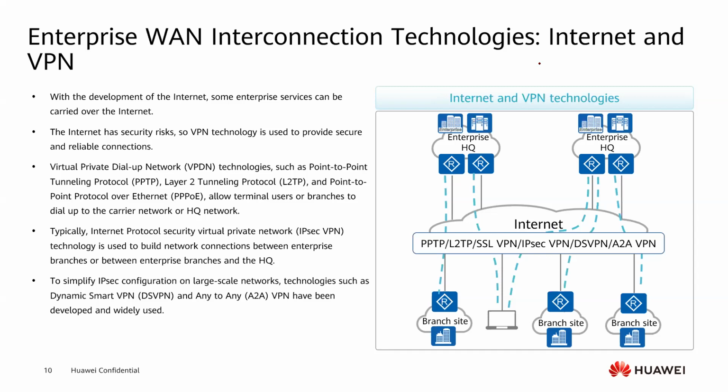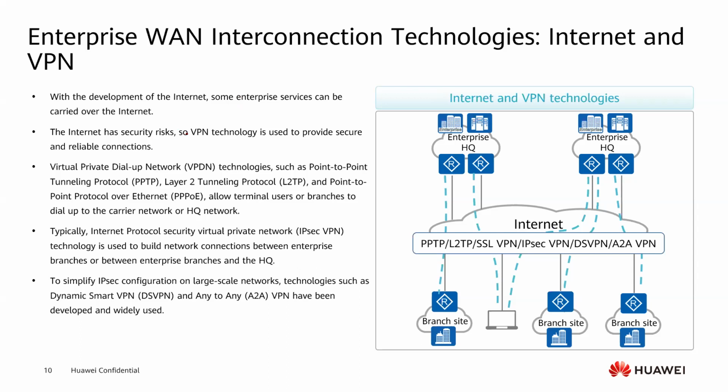And the second mode of the WAN interconnection is that we can use the internet plus VPN. The internet is just the internet. We can use 5G, 4G, or a fixed network to create the internet connection. You basically purchase internet services from the ISP.